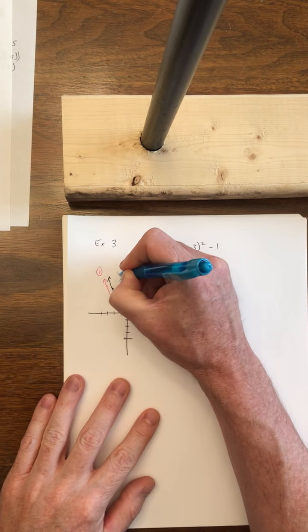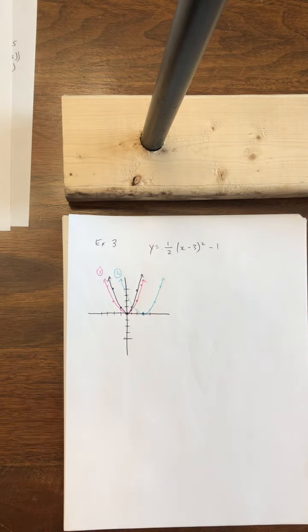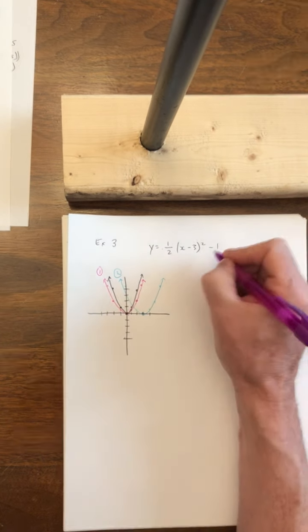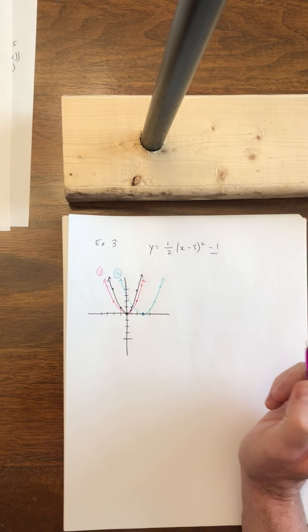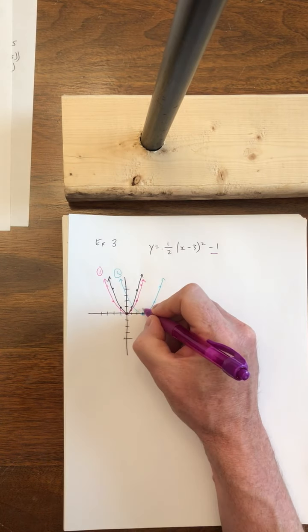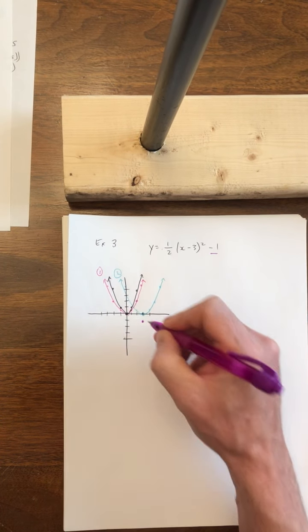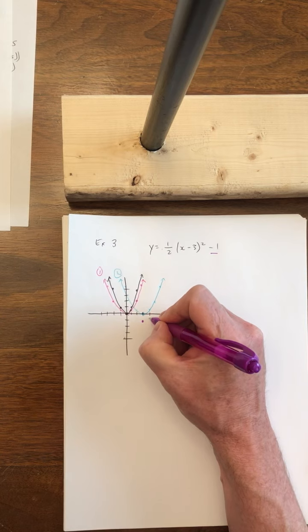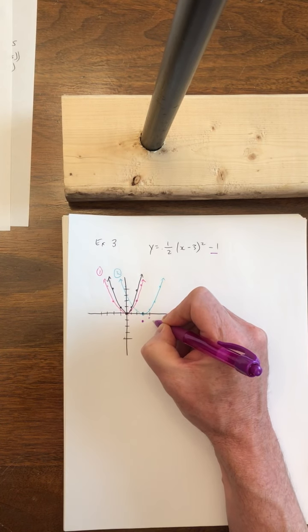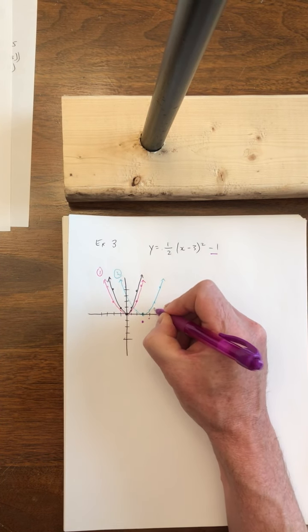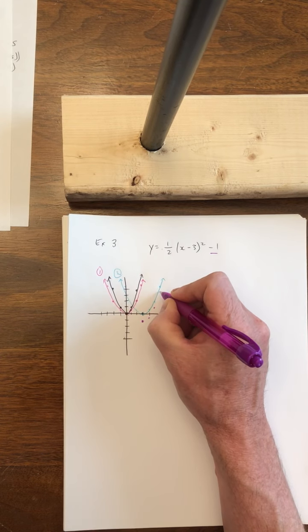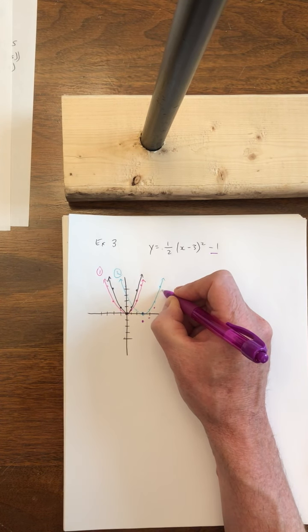And we have our second transformation. The last thing we deal with is the shift this down by 1. So the vertex moves down 1, over 1, up a half, over 2, up 2, over 3, up 4.5.